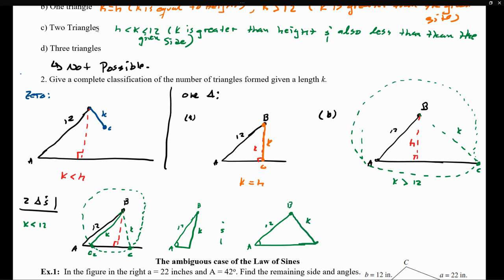So these two triangles have the same information: the same angle A, the same side 12, and the same side of length k. So this is what we refer to as the ambiguous case of the law of sine. On the next video, we're going to be working on some examples to demonstrate when we use this law.